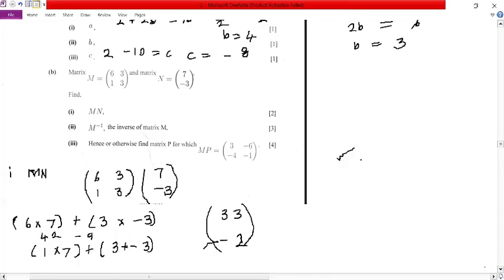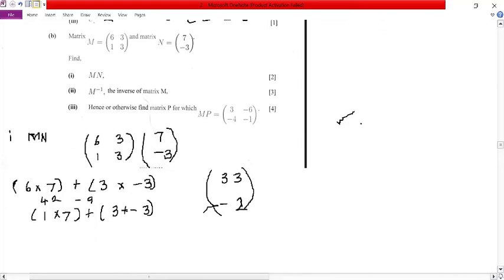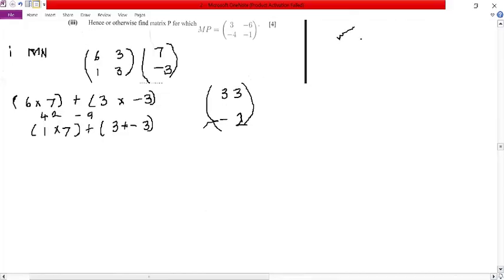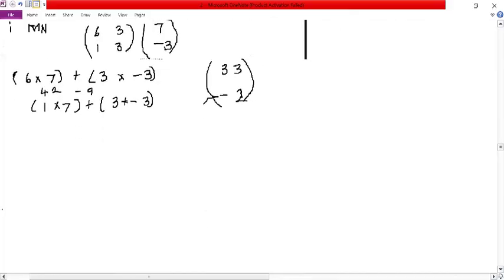Part 2, they're saying find the inverse of M. For us to find the inverse of M, the first thing that we do is we need to find the determinant. Initially M is 6, 3, 1, 3.